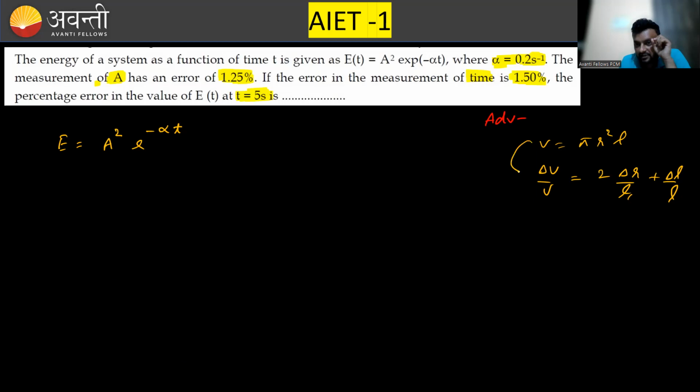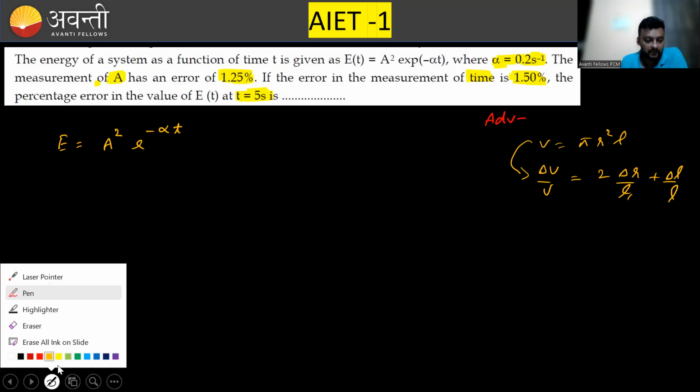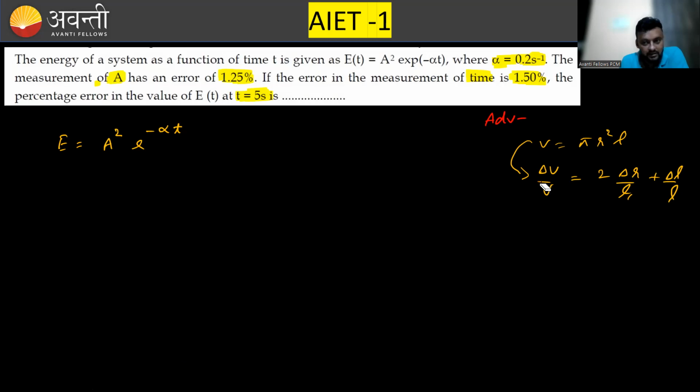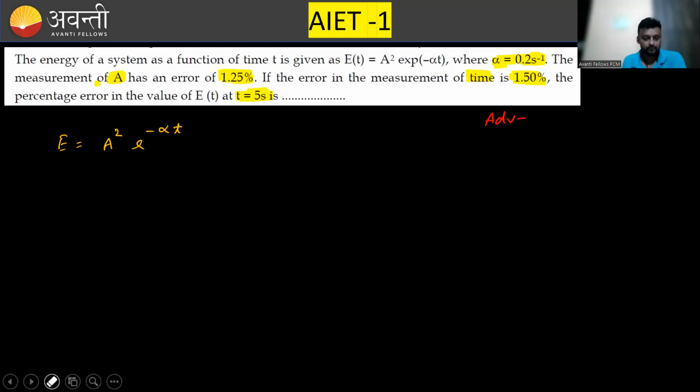How this formula is achieved is by taking log. So taking log is the base, the fundamental of these questions. So here we will start with the fundamental because this is not in straightforward terms, and fundamental says we just take the log.